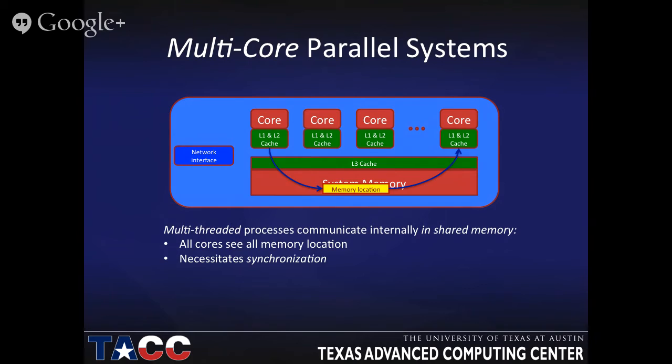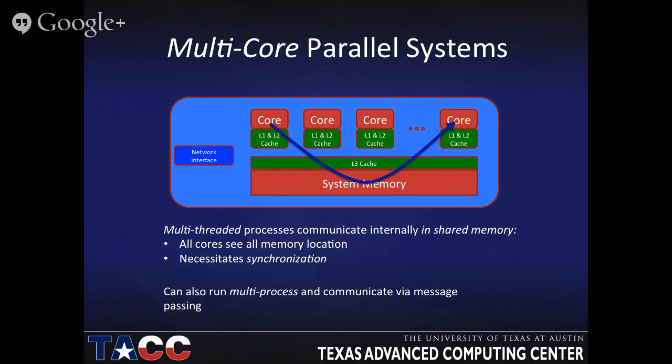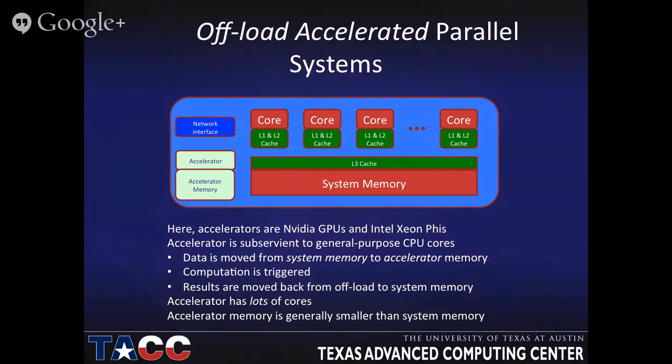So in order to do these things, oh, I'm sorry, one other thing. You can also run MPI on these guys, and they can communicate by message passing. Since they don't involve a network, it is somewhat faster, but it again is that explicit sending of messages from place to place. But back to our original guy here.